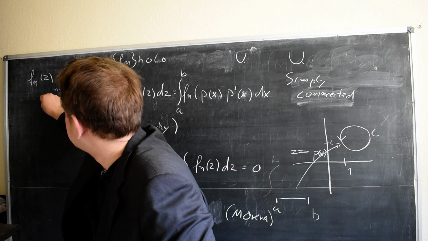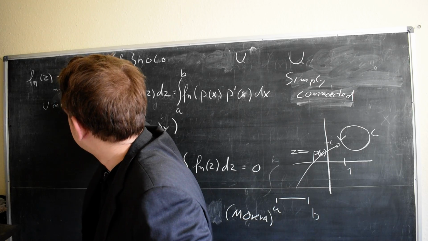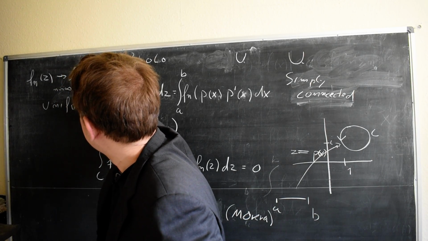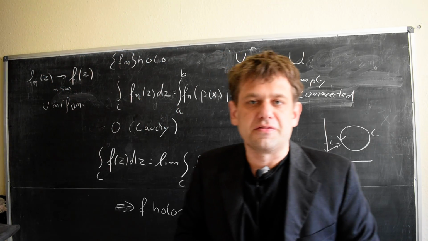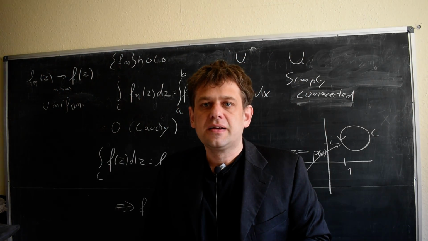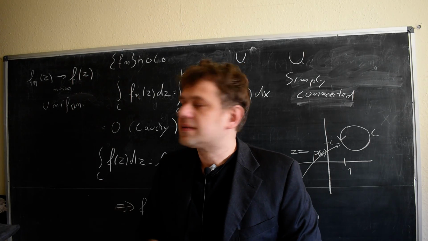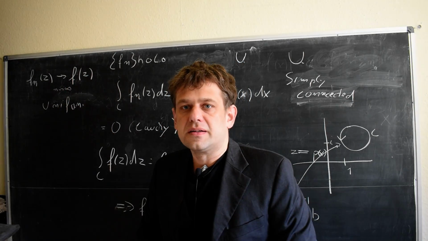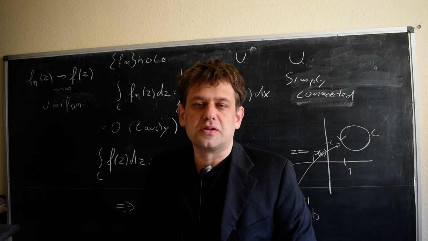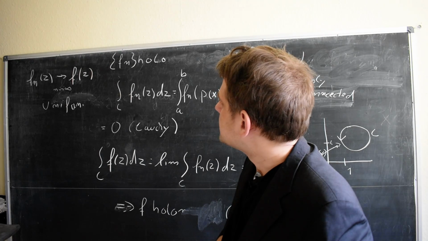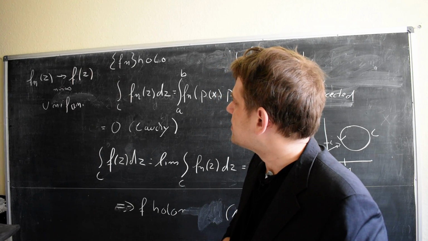So we look at uniform convergence of a sequence of functions fn to a function f. And this will allow us to conclude that f indeed is also holomorphic. And this is done as follows.